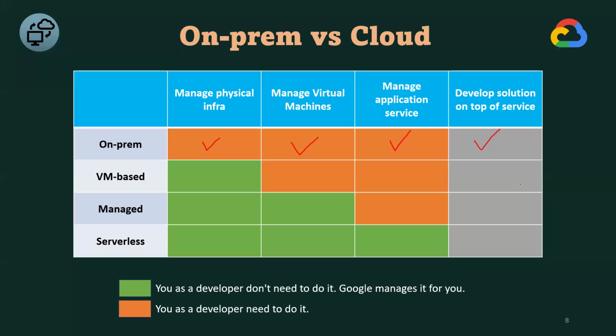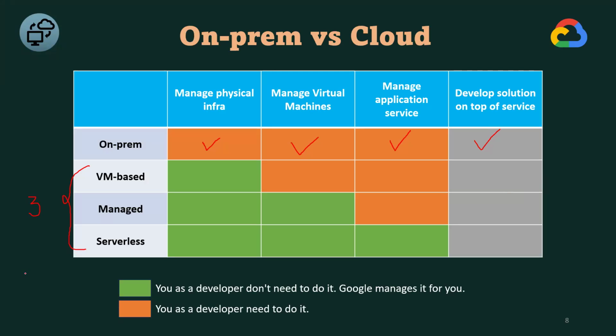And when you go to the cloud, platforms are categorized into three types: VM based services, that is virtual machine based services, managed services, and serverless services.